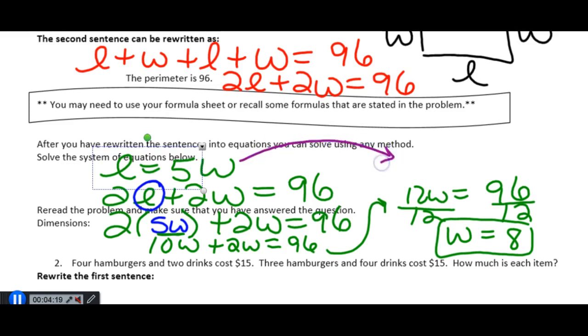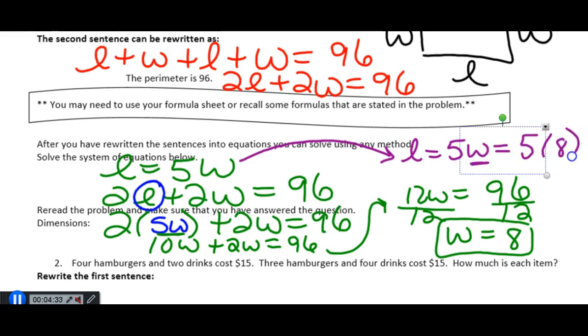And remember, you could go to either equation, but we try to pick the one that would be simplest to solve. So L is equal to 5 times W, but I know what W is. It's 8. So 5 times 8 is 40. So what is my L? L is 40. There's my 2 answers.